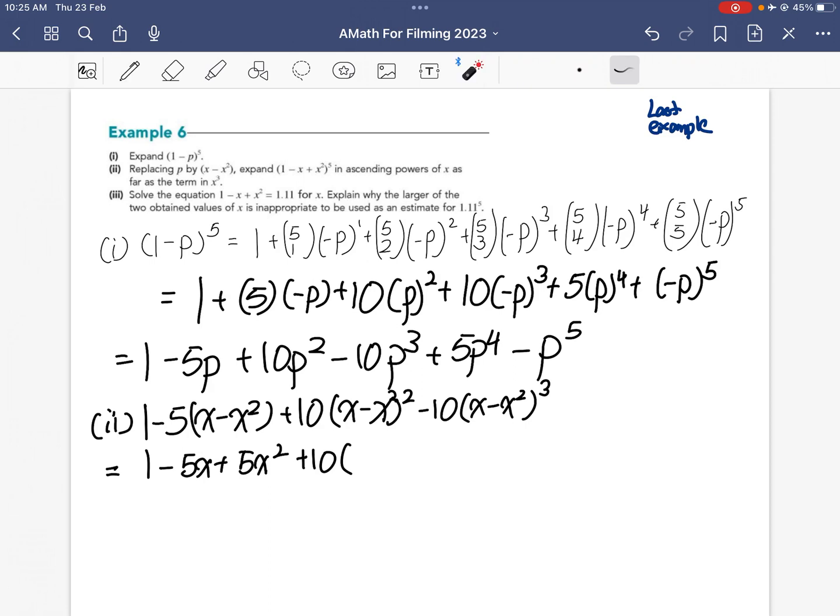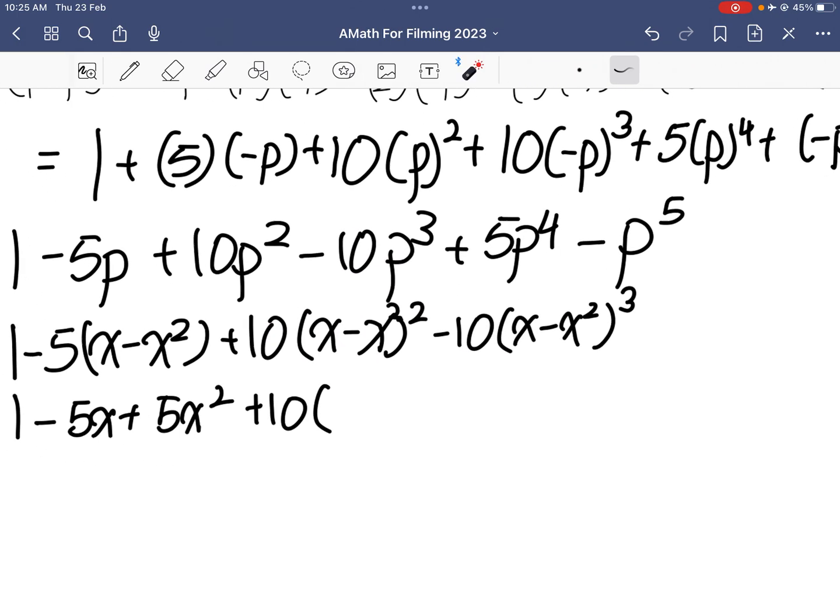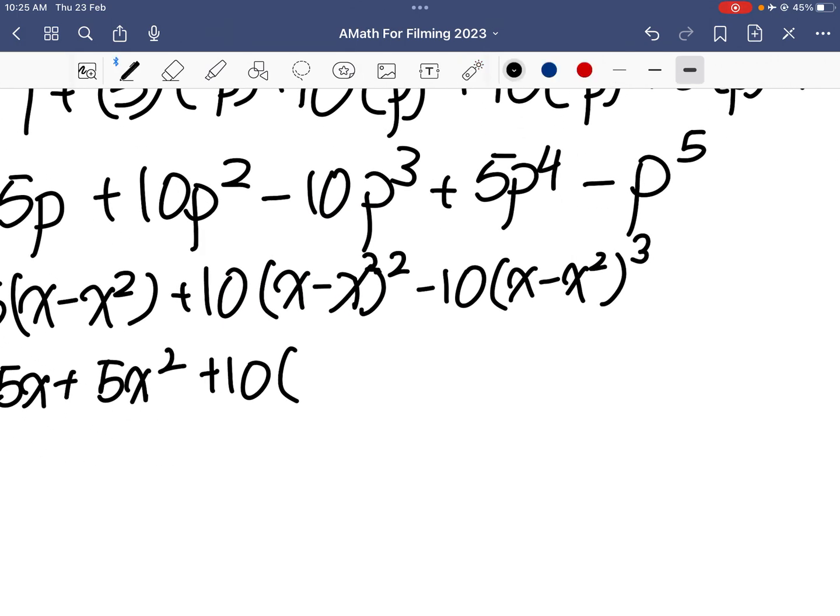No need to expand everything. (x minus x squared) squared down here, I just focus here. I get a squared minus 2ab, so it's minus 2x times x squared gives you x cubed plus x to the power of 4. That part I no need because we only want to expand as far as a term in x cubed.